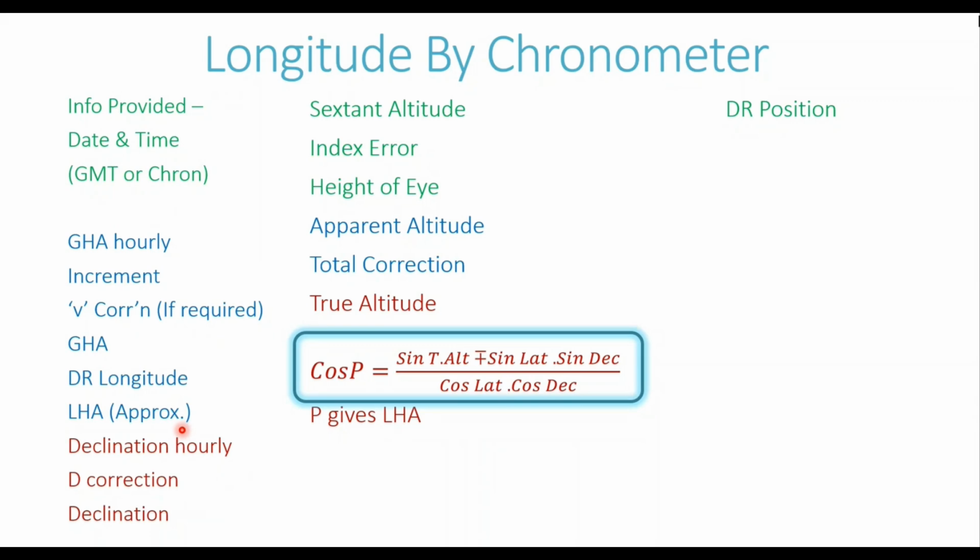And if both of them are not matching, you subtract P from 360, get 360 minus P, and you will see that that value is going to match up with the approximate LHA. So this tells you that in this case, LHA will be equal to 360 minus P. This is how we obtain the value of LHA from the value of P.